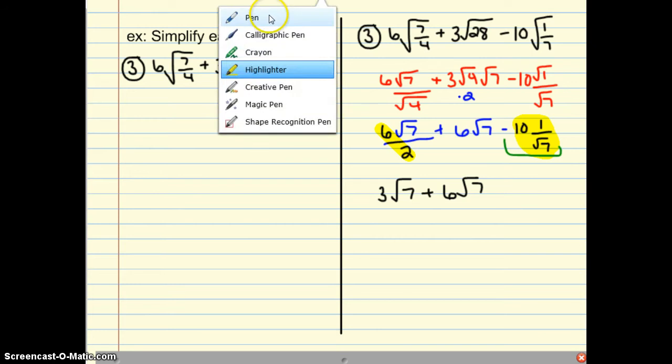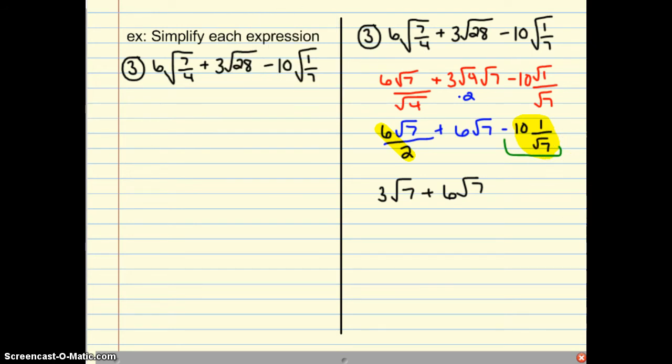And the way that we handle that is we need to get that square root out of the denominator, so we're going to multiply it times square root 7 over square root 7. And it's going to give us minus 10, 1 times square root 7, root 7 over square root 49.